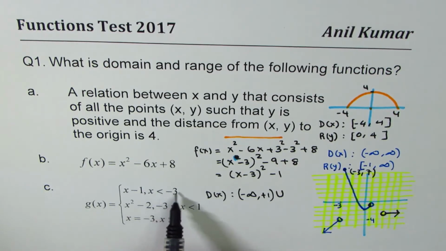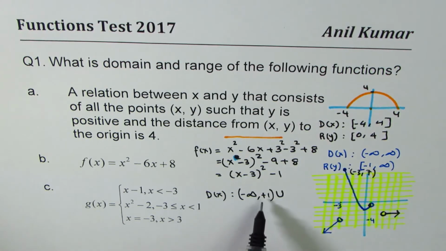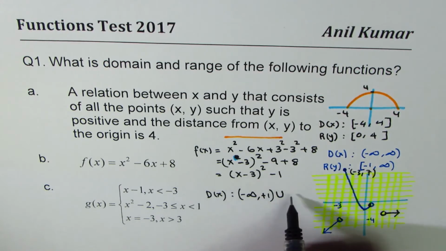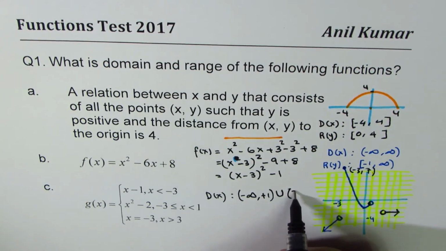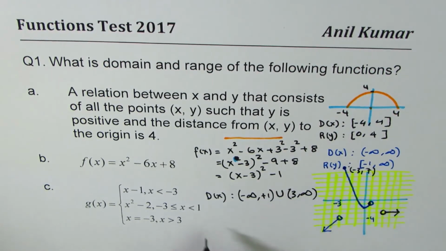So up to 1 we have this, and then we have greater than 3, not equal to, so from 3 to infinity. So that becomes the domain.